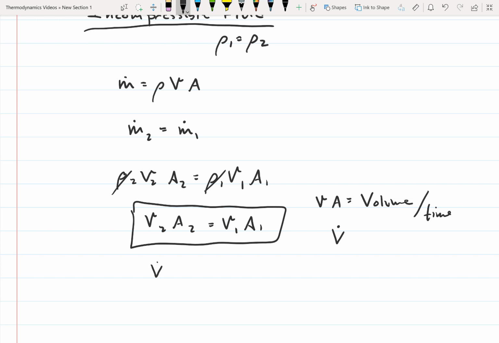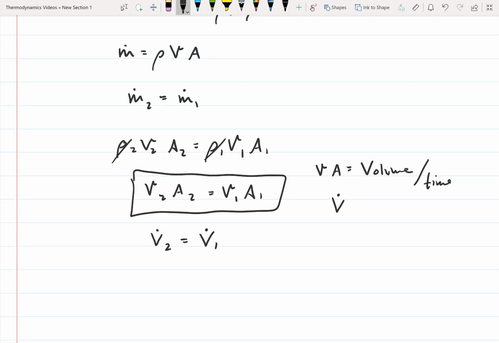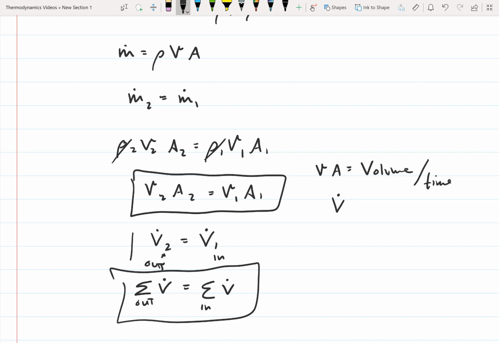So then this is just equal to the volumetric flow rate in is equal to the volumetric flow rate out. And we can also have multiple inlets or outlets. I shouldn't have changed this to 1 and 2. Let's just say this is out and this is in. So the sum of V dot out is equal to the sum of V dot in. So these are both for the case of incompressible flow.